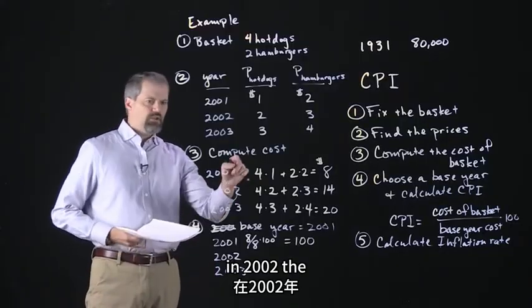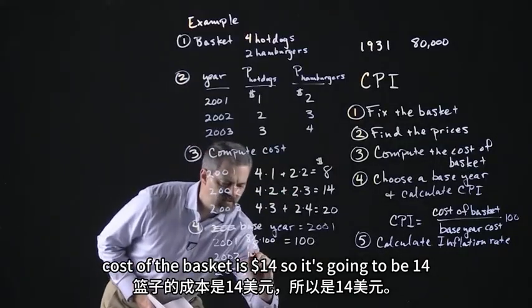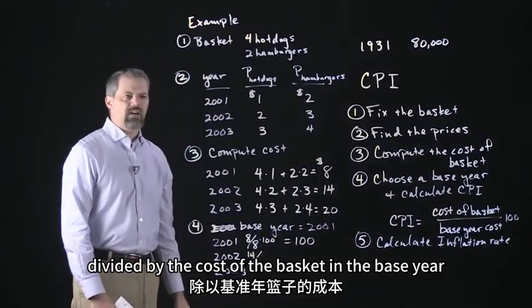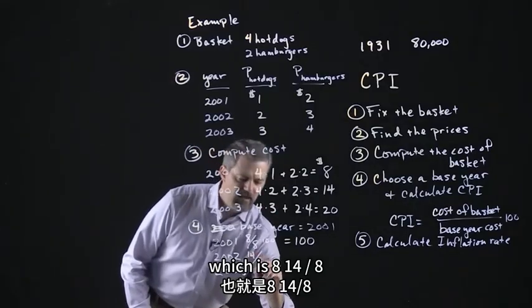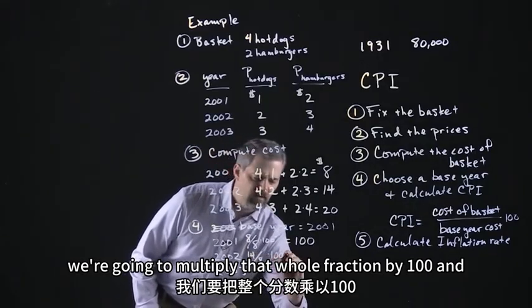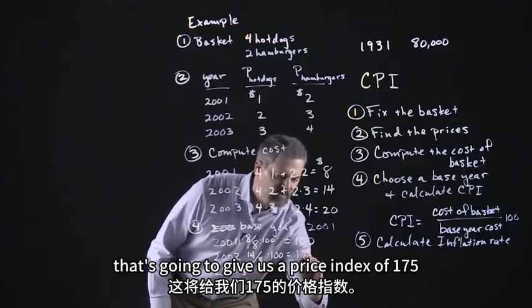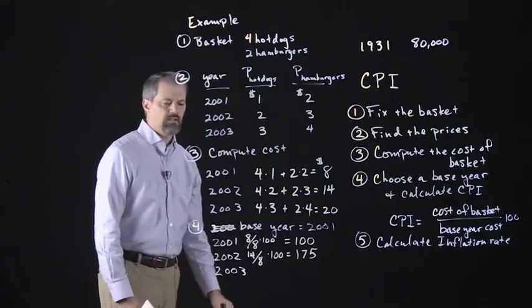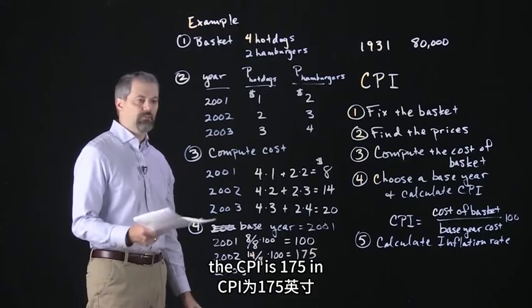In 2002, the cost of the basket is $14, so it's going to be 14 divided by the cost of the basket in the base year, which is 8. 14 divided by 8, we're going to multiply that whole fraction by 100, and that's going to give us a price index of 175. The CPI is 175 in 2002.